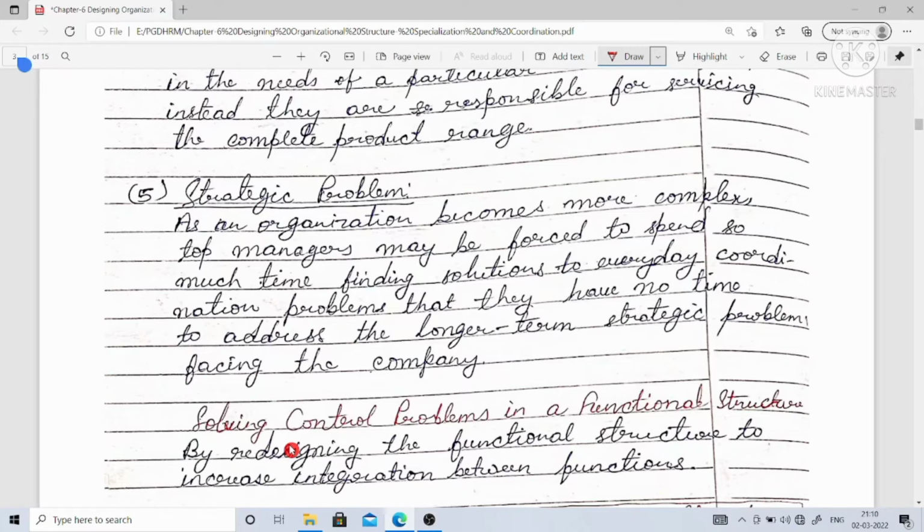So when the company grows and becomes complex, managers have to spend more time on finding solutions and coordinating different functions, so they get less time for strategic planning, meaning long term strategic problems.